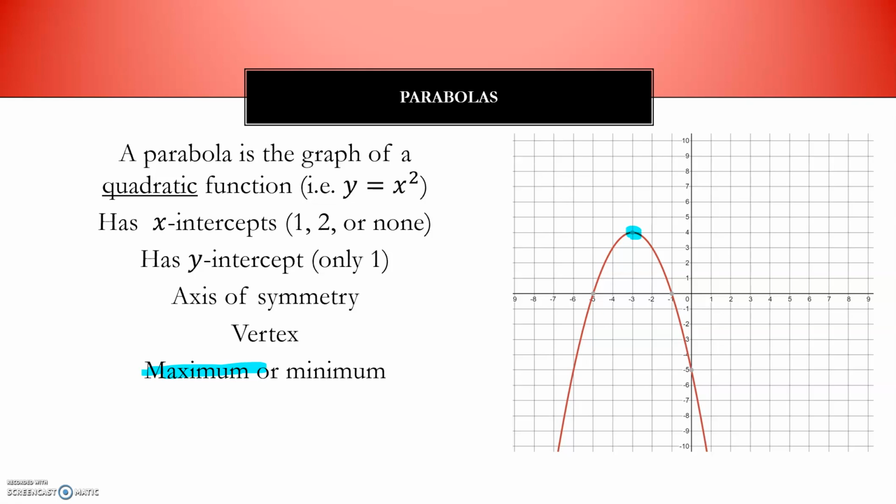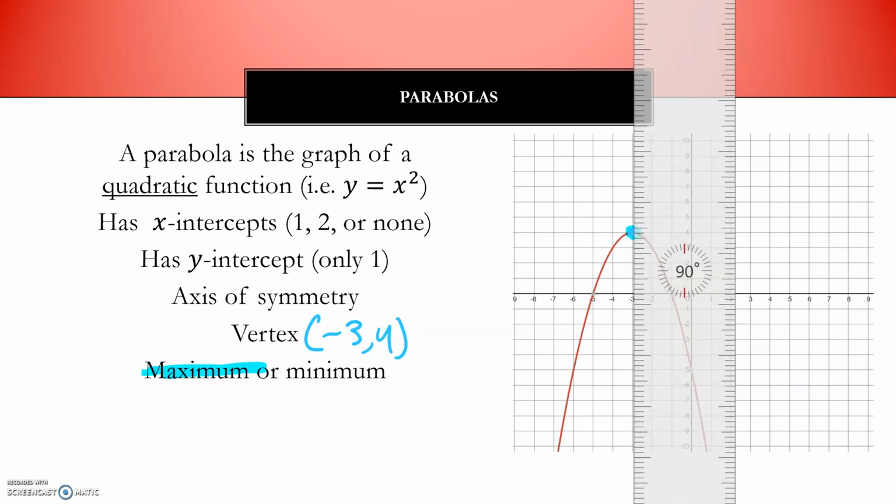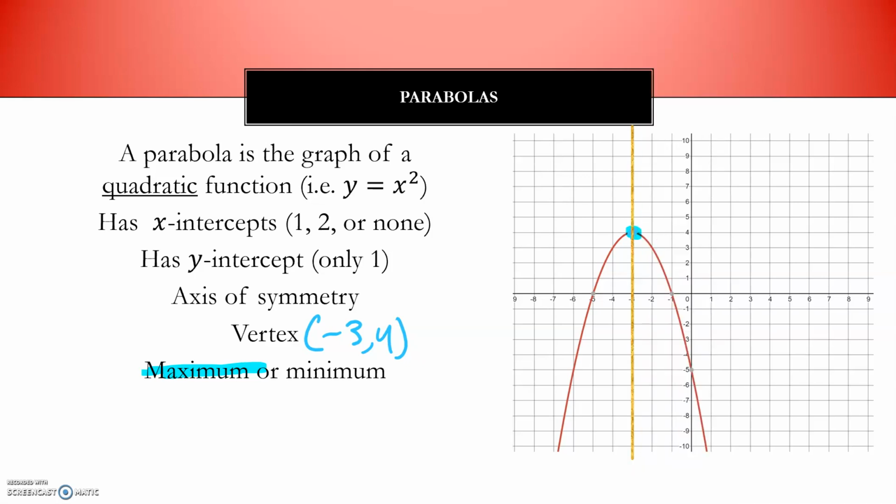The vertex here is the point (-3, 4). The axis of symmetry, since it goes right through the vertex, is a vertical line. We know all vertical lines have the form x equals something, and it would be that coordinate of -3. The y-intercept here is (0, -5).